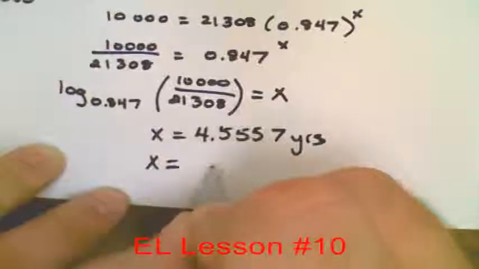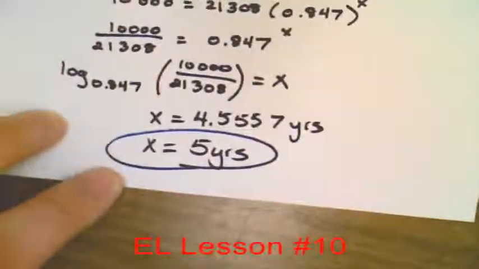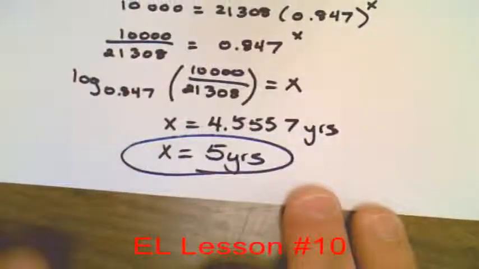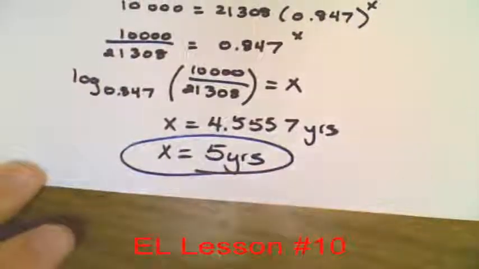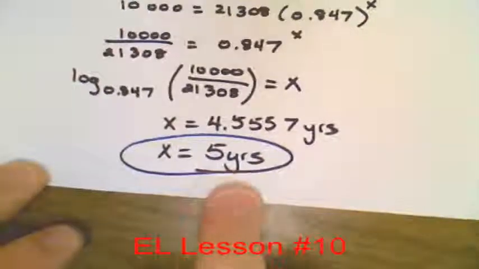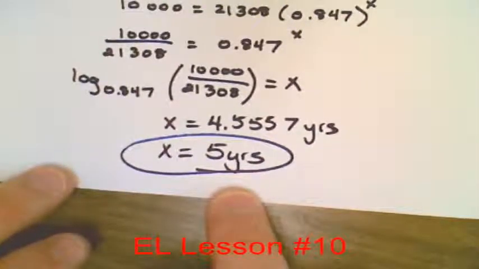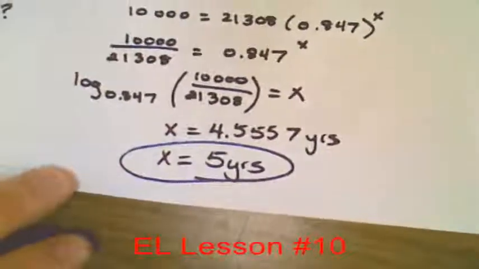I go and type that into my calculator. So I'm just going here, clear out what's there. Alpha window brings up that menu. Okay, I'm going to choose log base. Log of 0.847, and I'm just moving it over so I can see it, 10,000 divided by 21,308.